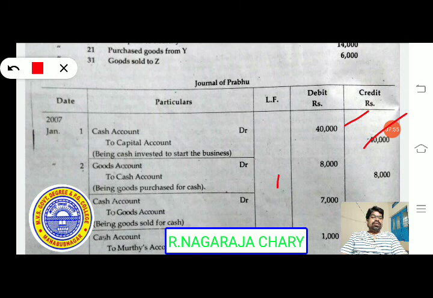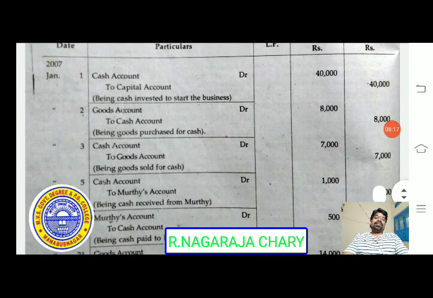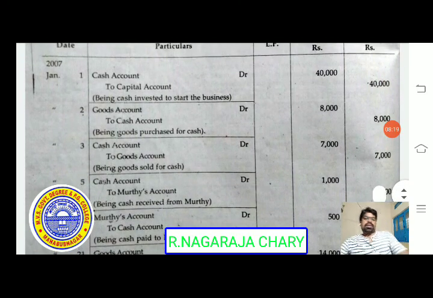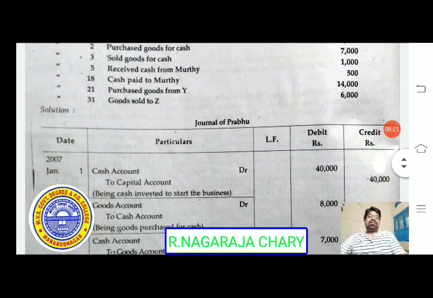So, that is a journal entry. For this journal entry we have to write a small narration, a small description, that is being cash invested to start the business. So, that is the journal entry on January 1st.